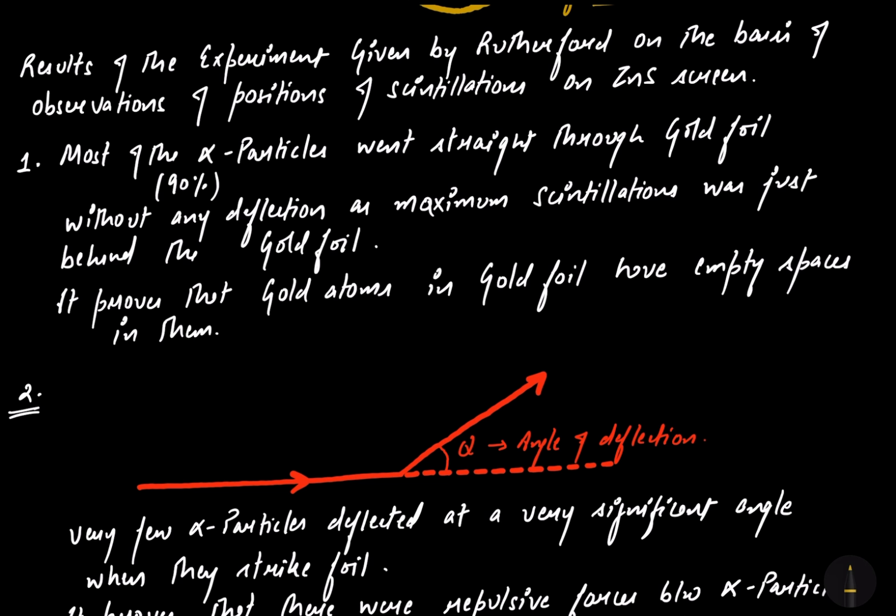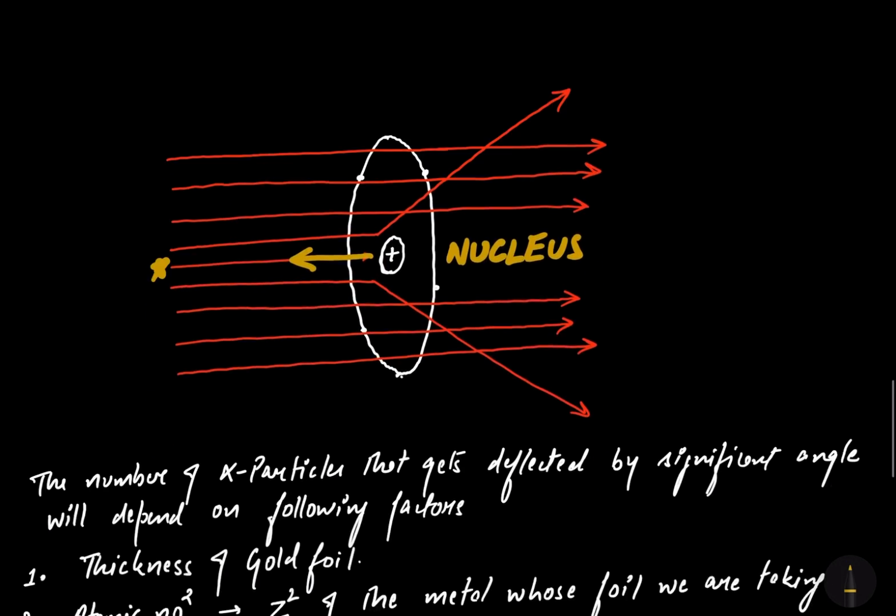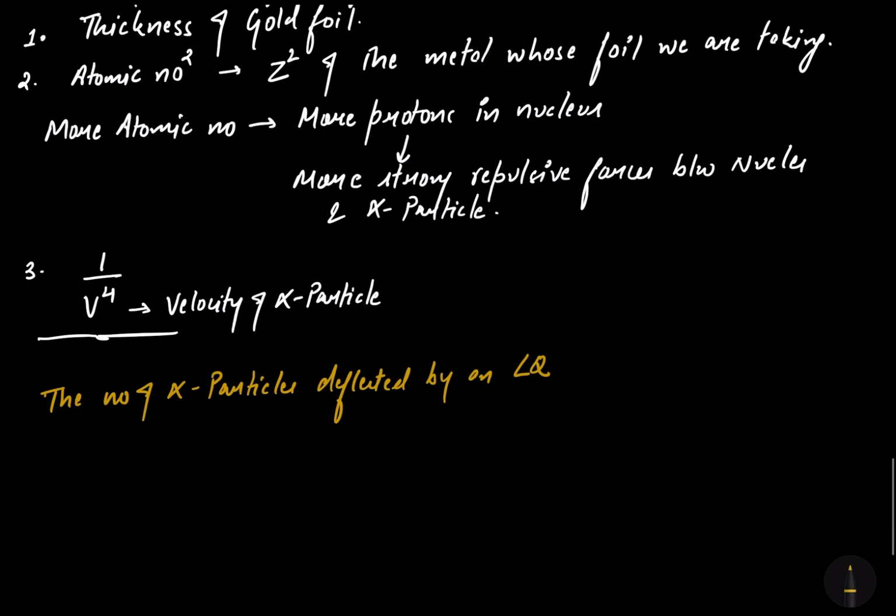Here it is, the angle Q. So the number of alpha particles deflected by an angle Q will be inversely proportional to the fourth power of sine of the angle of deflection divided by 2. So that was just a little relation that I have written down.